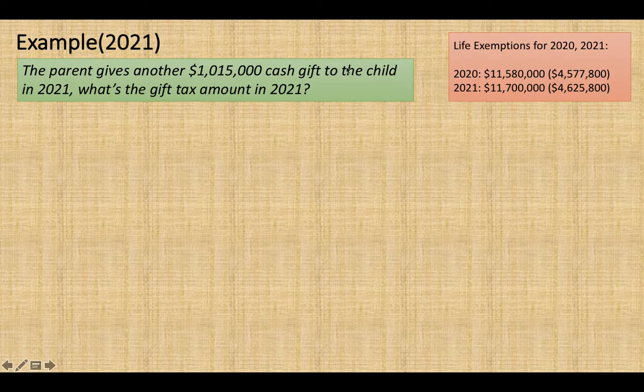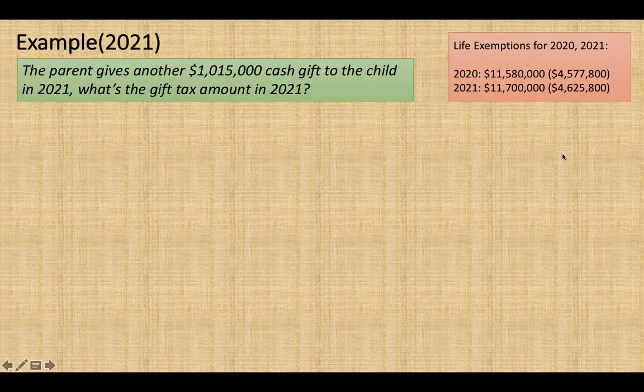If the lifetime credit amount did not increase, you would have used all the credit, so the $1 million is taxable at a 40% rate, and you are subject to $400,000 tax, right? However, because the exemption amount increased, you get a little bit of extra credit for 2021 as well.